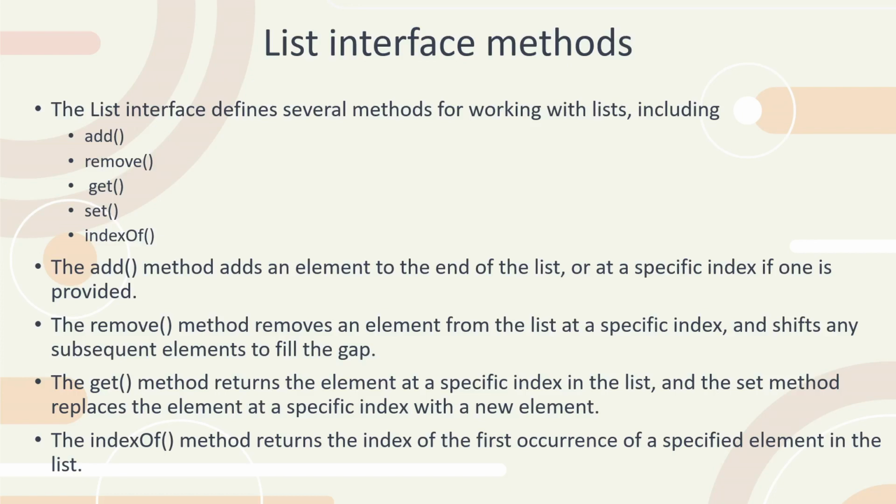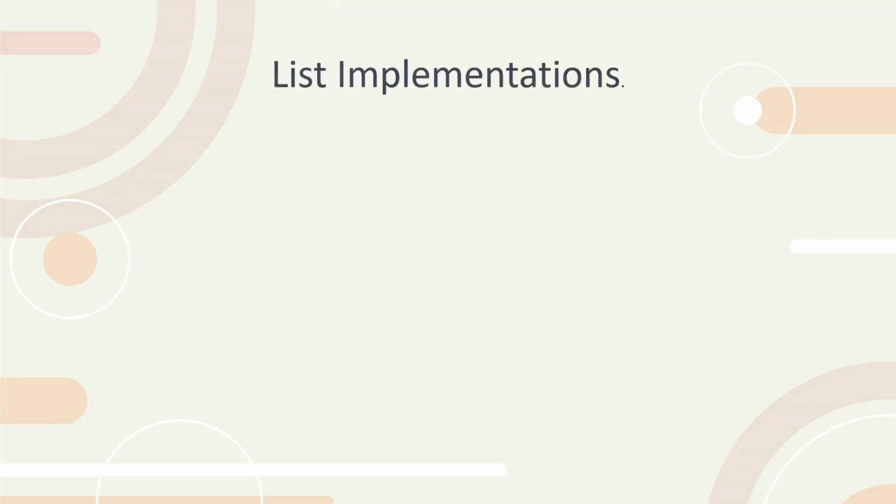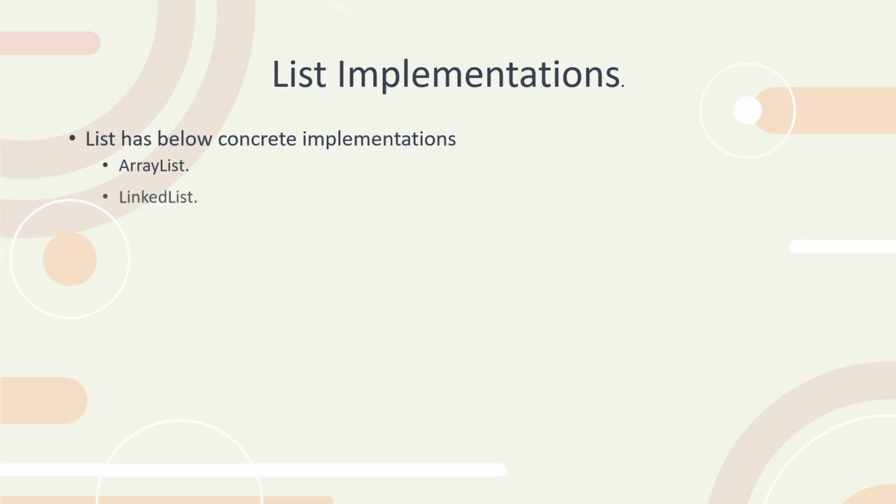Apart from these methods there are many other methods supported by the List interface. You can check them in the Java List docs. Next we will see the implementations of List. List has the following concrete implementations: ArrayList, LinkedList, Vector and Stack.